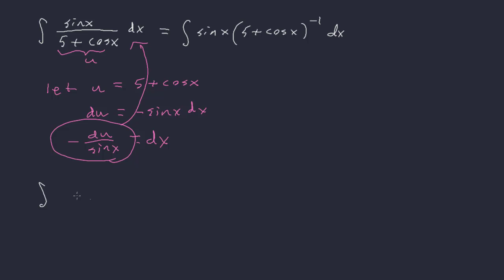All right, so we'll get the integral of sine of x all over u, okay, times negative du over sine of x. So we should be careful with what we're doing there.